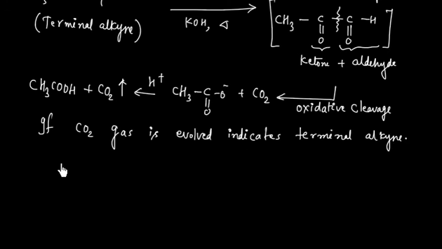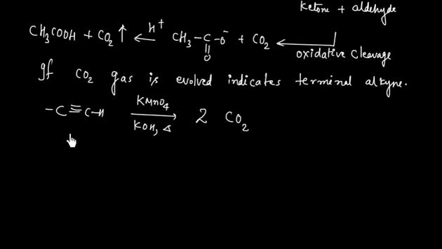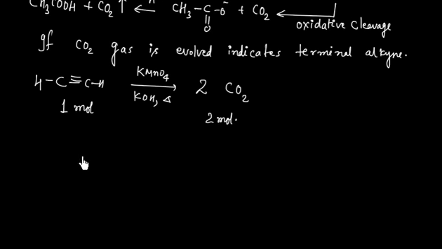And if, let us say, I have an alkyne and in this case we have 2 moles of CO2, that is KMnO4, KOH, heat. So per mole of reactant, if 2 moles of CO2 are evolved, this indicates both sides we have terminal alkyne, and this is possible only if we have acetylene.